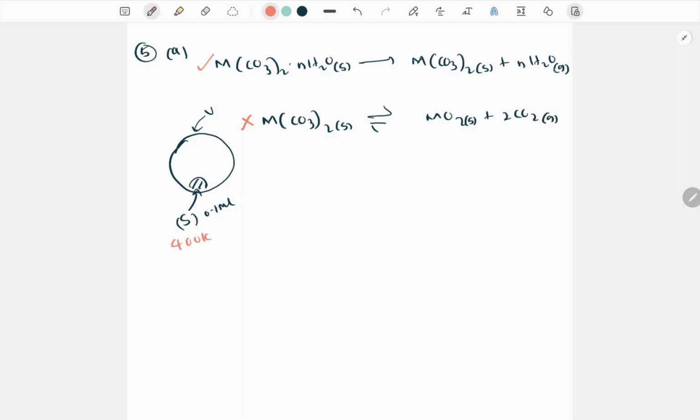Right? The volume occupied by the solid is negligible. What's the meaning of that?